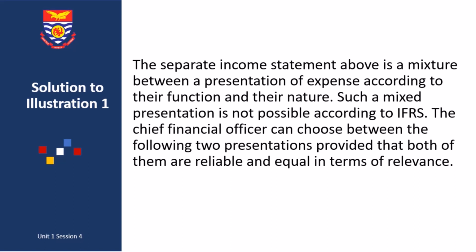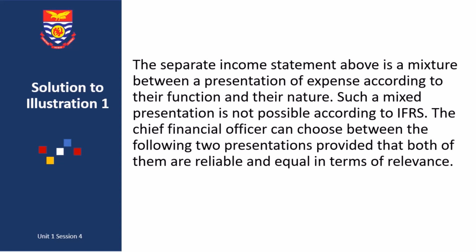But they fall under different segments: cost of sales, administrative and distributive expenses. Then we come to employee benefit expenses: 5,000 for cost of sales, 2,000 for administrative expenses, and then 2,000 for distributive expenses, giving us a total employee benefit of 9,000.